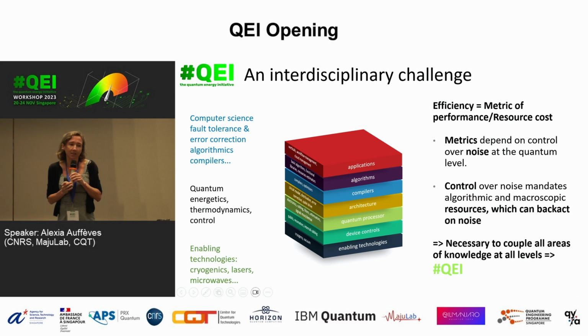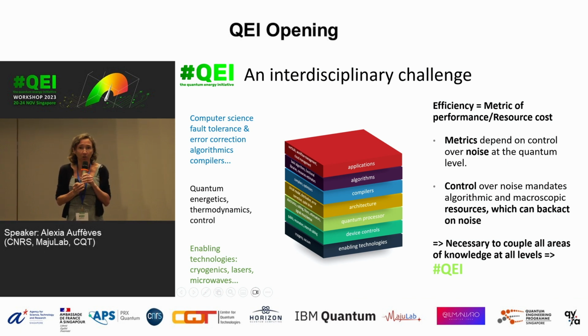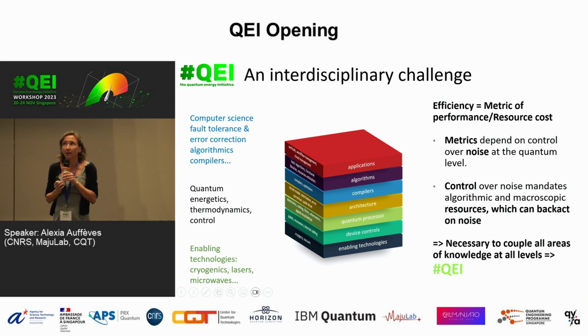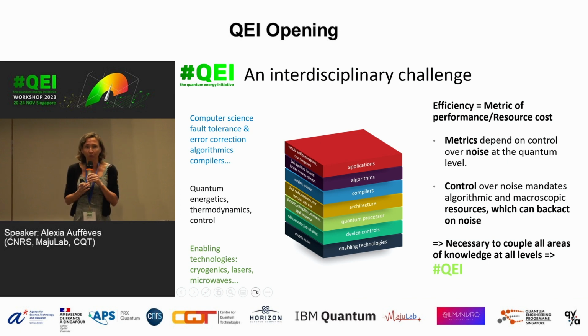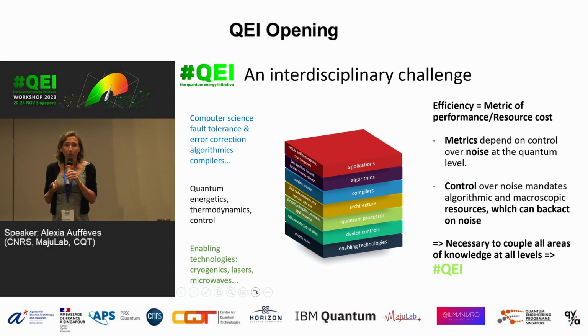The big difficulty that we have to face if we want to talk about quantum energy efficiency is the fact that it's an interdisciplinary challenge. Why is that so? Like I said, efficiency is a metric of performance divided by a cost.